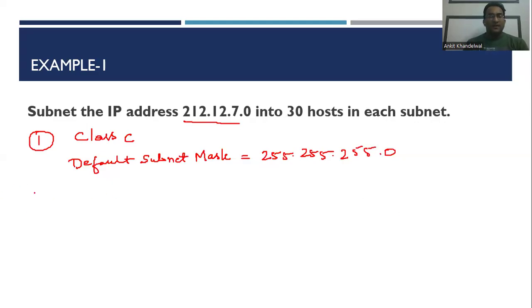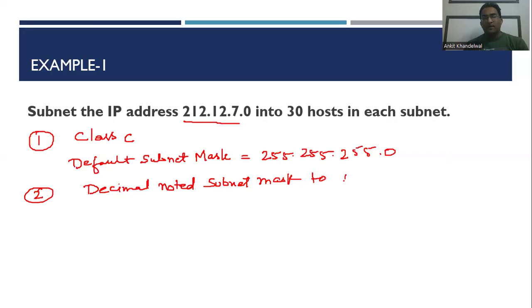Now in the second step, what we have to do, we have to convert this decimal notated subnet mask to binary.